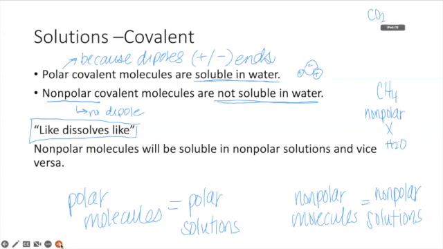Carbon dioxide is also not polar. But ammonia, NH3, is polar and it will dissolve in water.